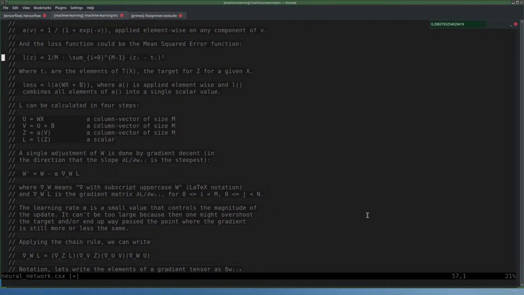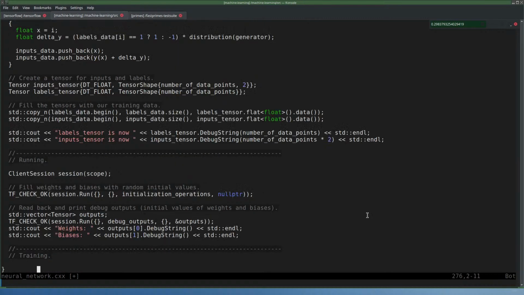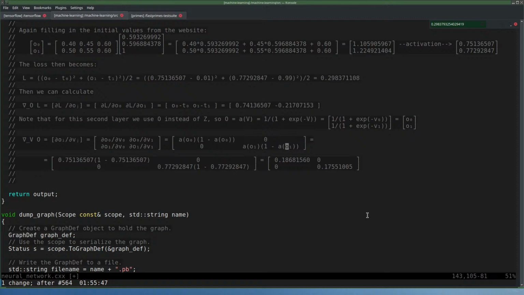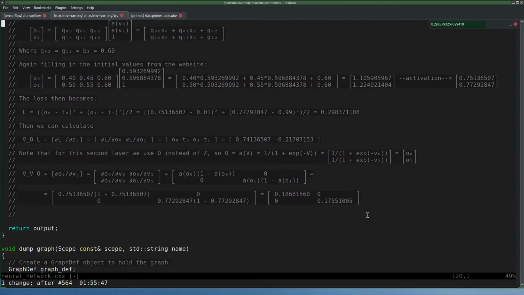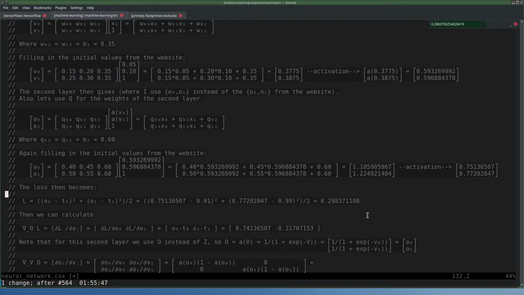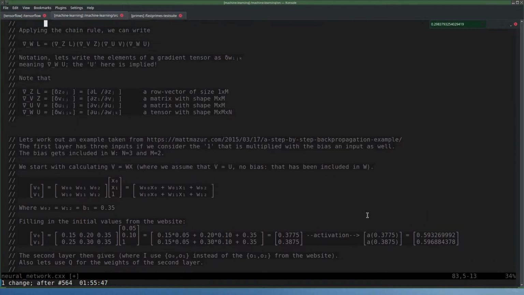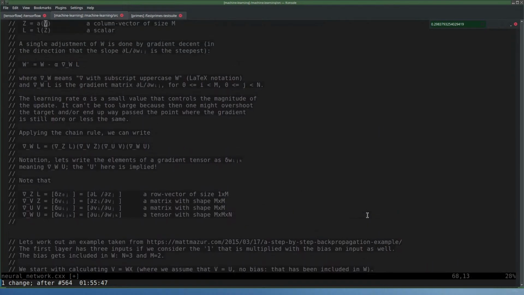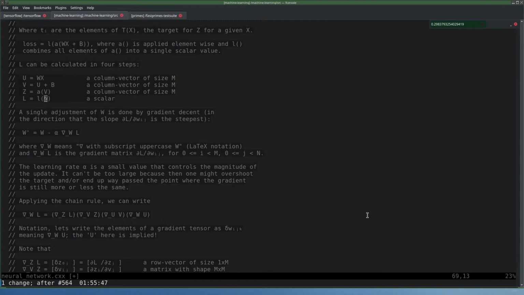The thing that goes into the loss function here, so what we subtract t from, is called z here. And that is what goes into the loss function. And that is what is returned from A. So what goes in the loss function here is O. So O and Z are swapped.